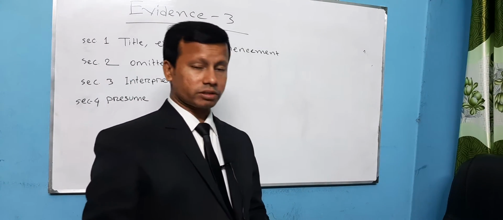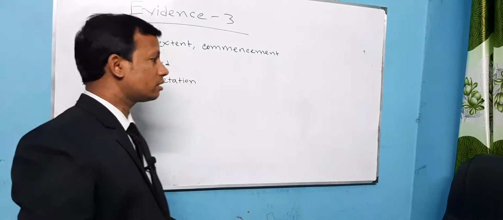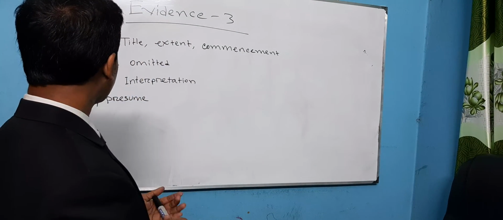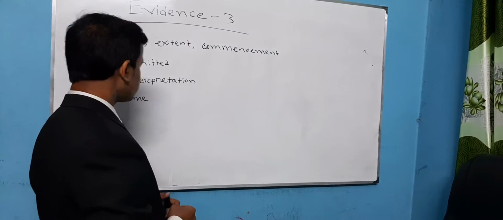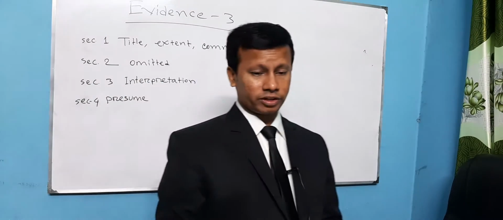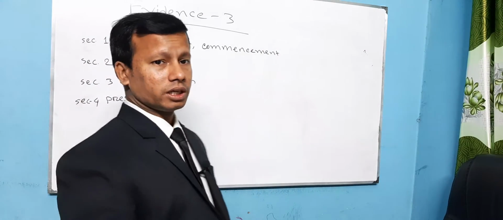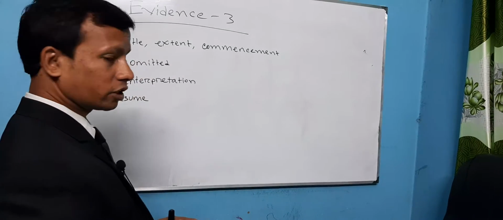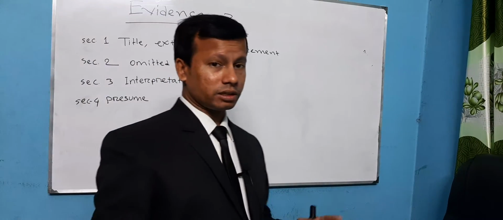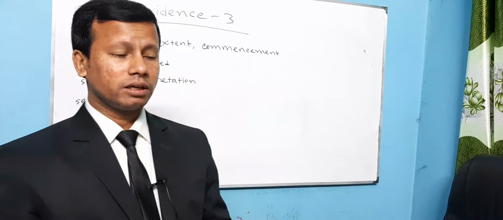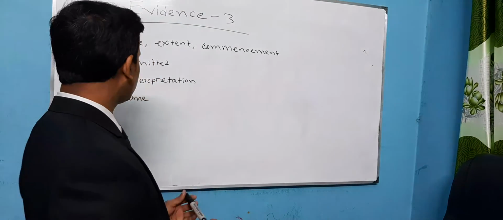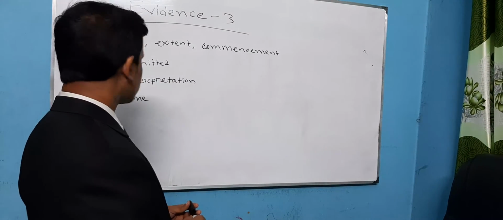In this interpretation section, there are 9 definitions. The first definition is court. What is court? In the eye of the Evidence Act, court is not what we think of as a court building. A building is not called a court, especially in the eye of the Evidence Act.